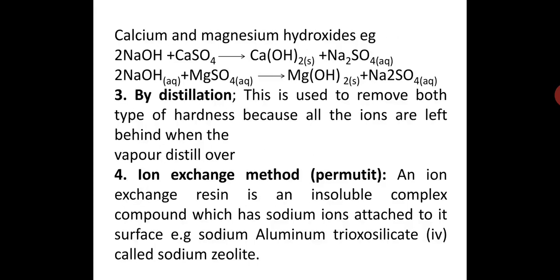Example: remember that our caustic soda is sodium hydroxide. So when you add sodium hydroxide to water that contains calcium tetraoxosulphate 6, calcium hydroxide will be precipitated out, which will be insoluble.